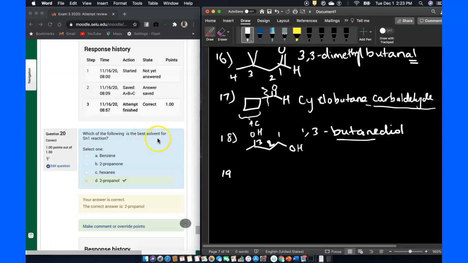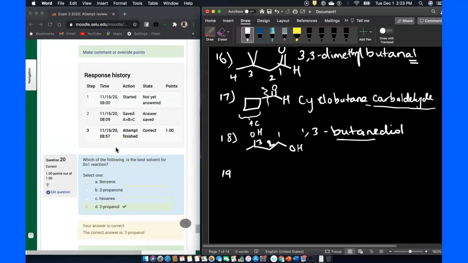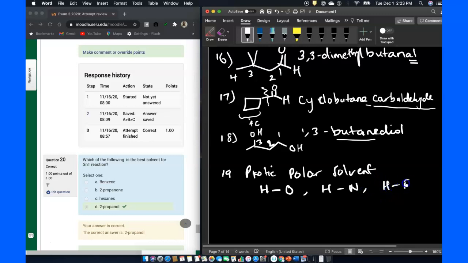Moving on. Which of the following is best for SN1? Okay. So you know SN1 likes protic, polar solvents, and we define protic solvents as solvents that have hydrogens bonded directly to oxygen or nitrogen or fluorine.